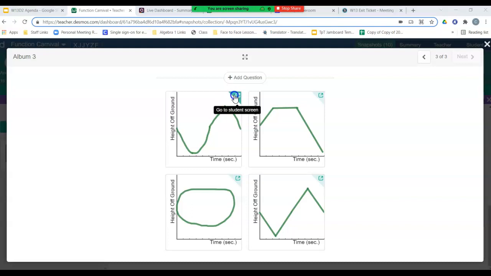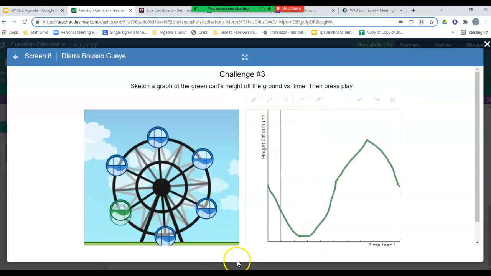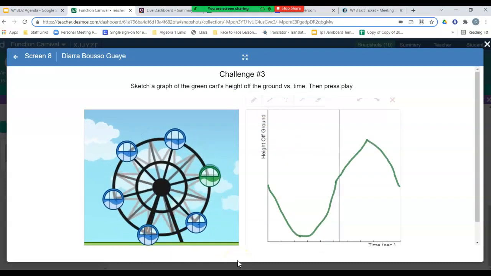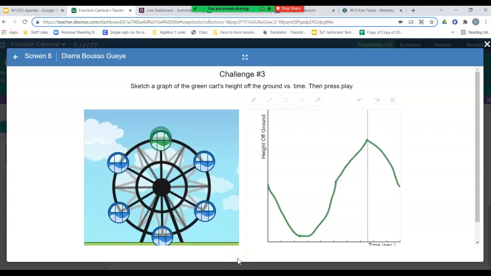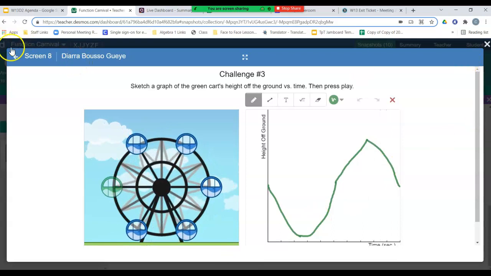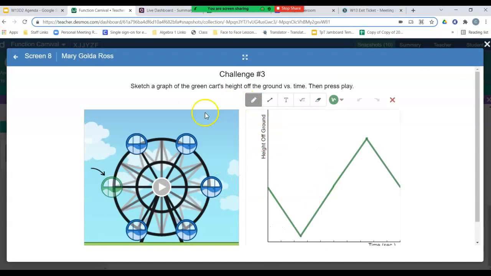Do you want to just see? Let's just see. So this is a curvy one. Well, it's pretty smooth. And then we have the pointy one.